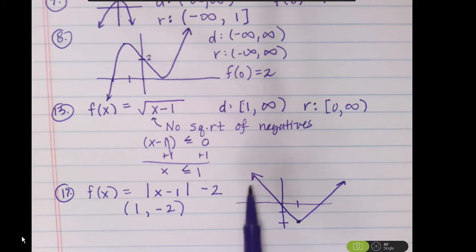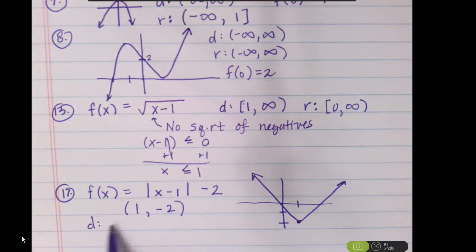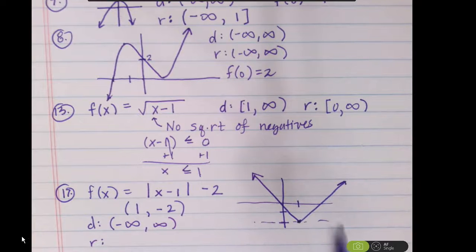So looks like all the way across on my x's, my domain is all reals. But my range, you can see here, -2 is the lowest that it will ever go, and then it goes up to infinity from there.